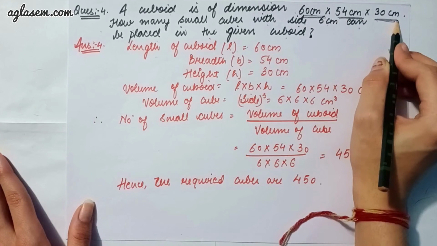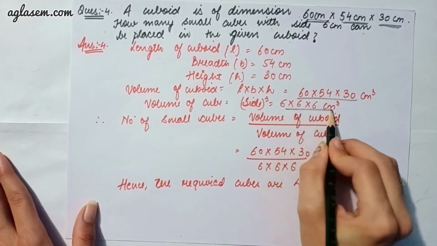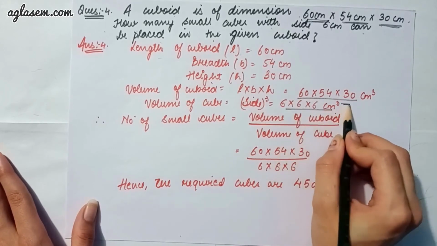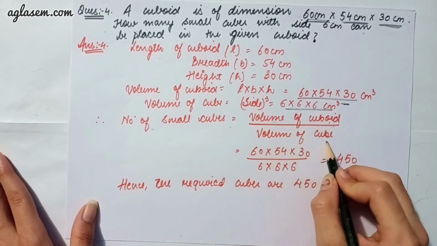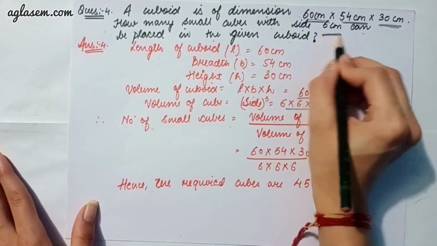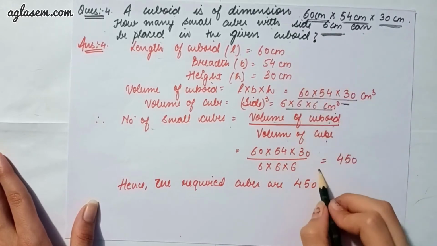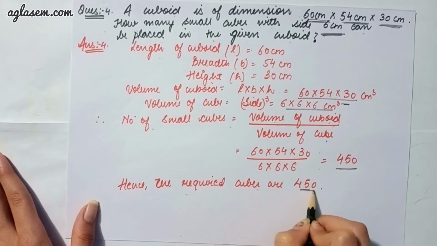So again we can apply the volume of cuboid, that is L into B into H. Further, the number of small cubes is volume of cuboid divided by volume of cube, and the volume of cube is side cube, that is 6 into 6 into 6. By dividing them we will get 450 cubes, that is the required cubes are 450.